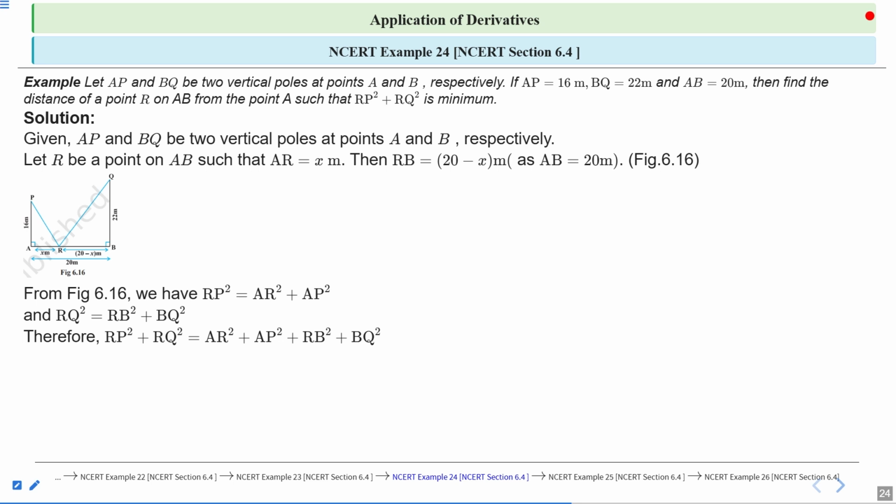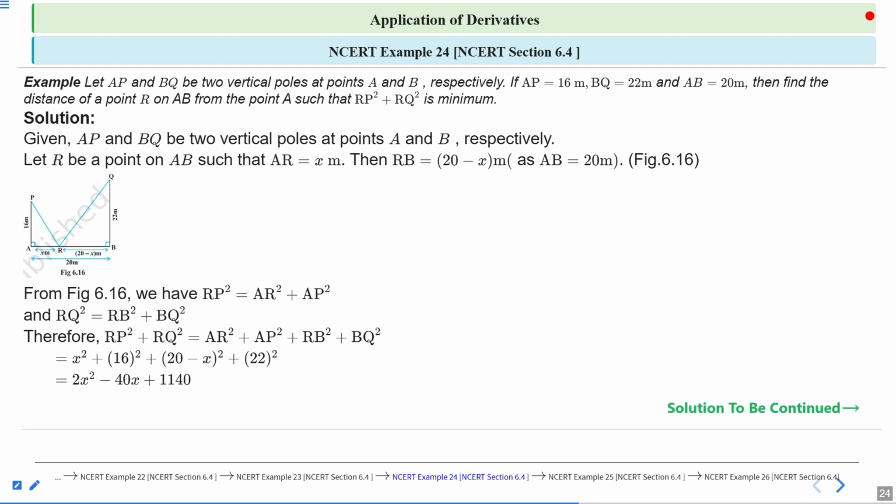We have added this, which is equal to x square plus 16 square plus 20 minus x whole square plus 22 square, which after solving and simplification, you will get 2x square minus 40x plus 1140. Clear?